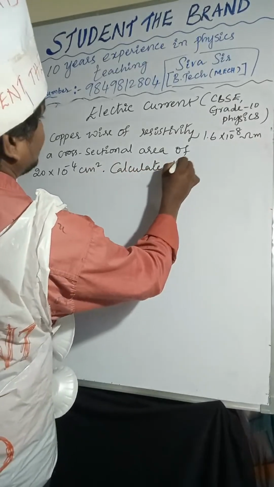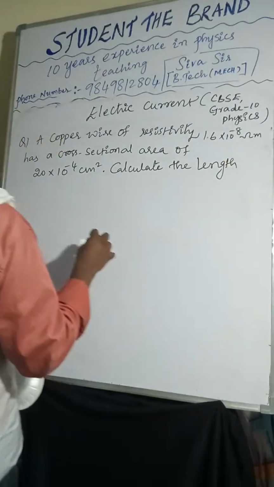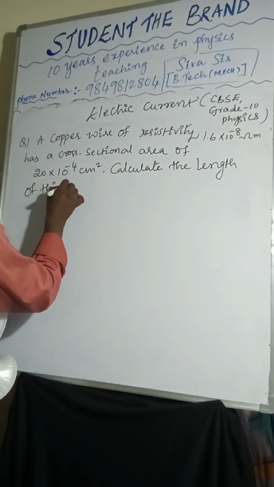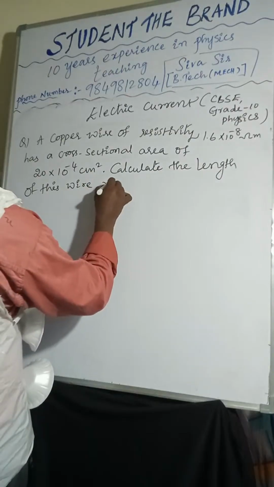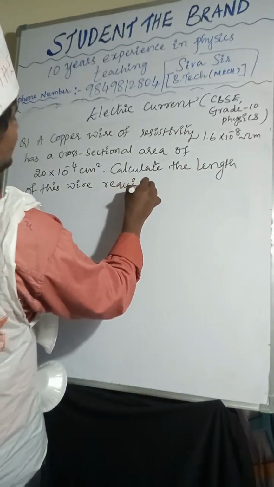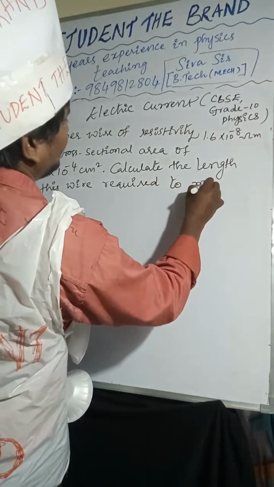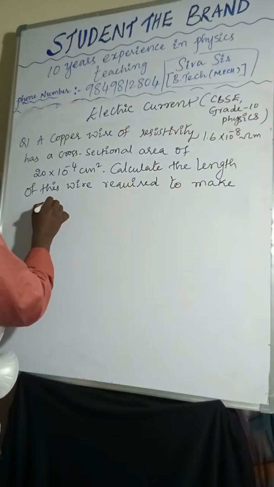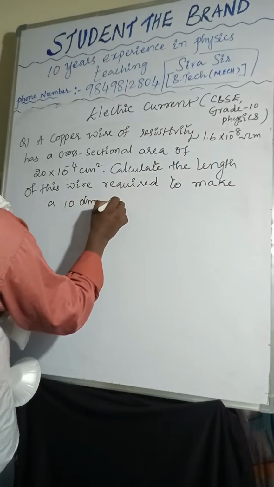Calculate the length of this wire required to make a 10 ohm coil.